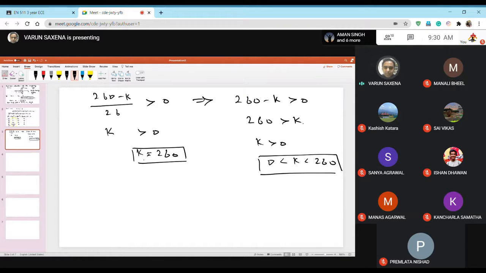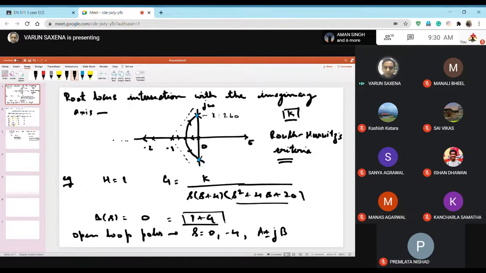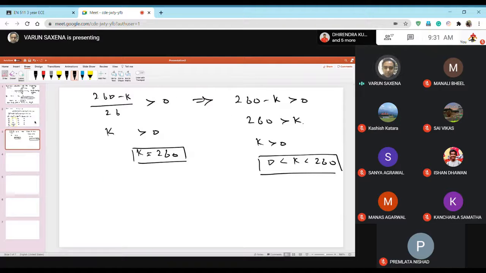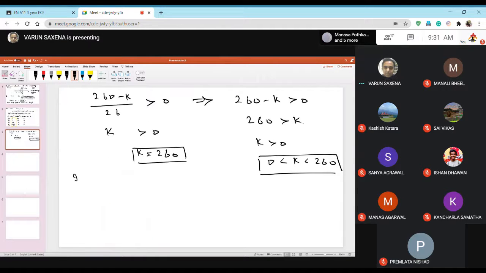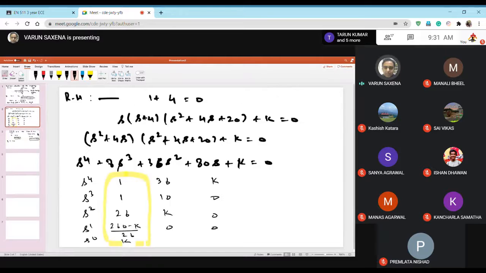But now we need to find out what are these values of j omega here, j omega 1 and j omega 2, because the real part is 0 on these lines anyways. Let's find that value. So if you look at the Routh-Hurwitz criteria, if K is equal to 260, then what will happen to the first row?